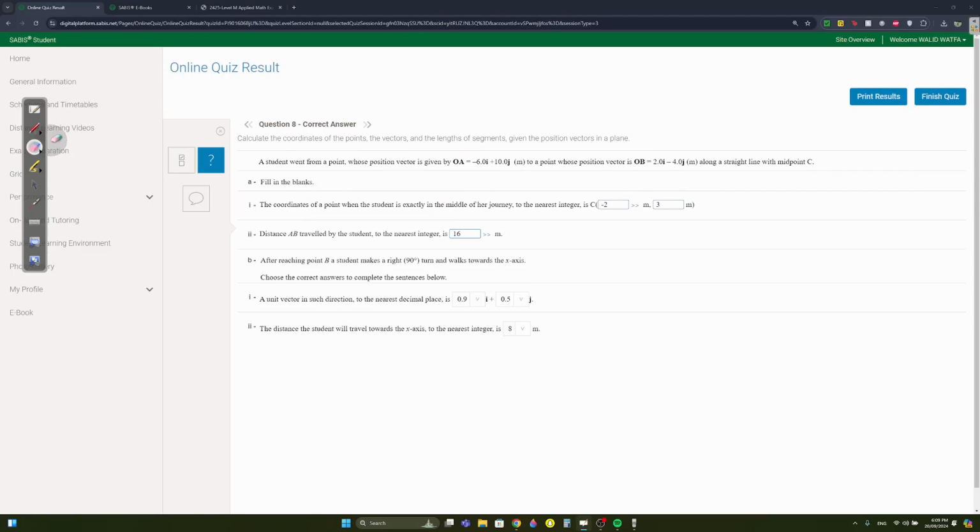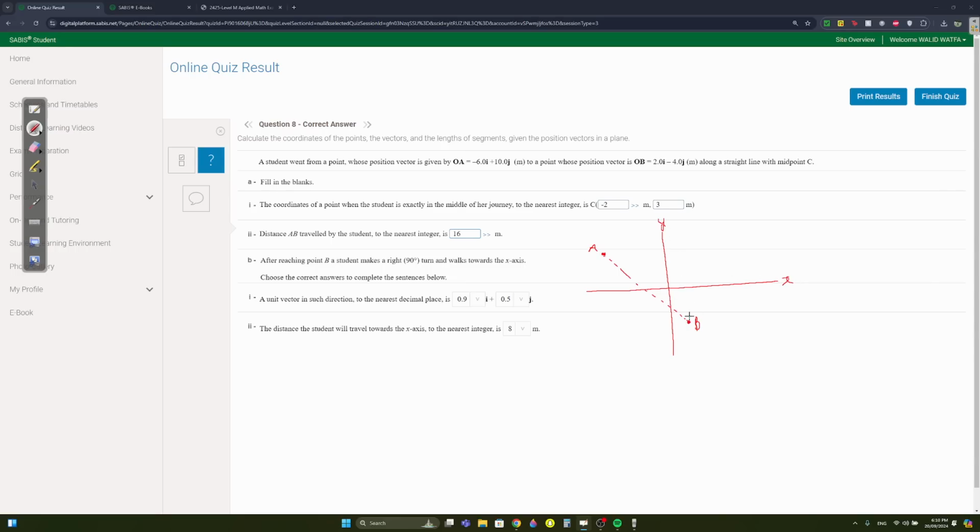After reaching point B, a student makes a right 90 degrees turn and walks towards the x-axis. Let's draw this so we can understand it a bit. We have OA, minus 6, 10, so it's like here. This is A. And then we have OB, which is 2, minus 4, so it's over here. After she reached B, she makes a right 90 degrees turn and starts walking towards the x-axis.